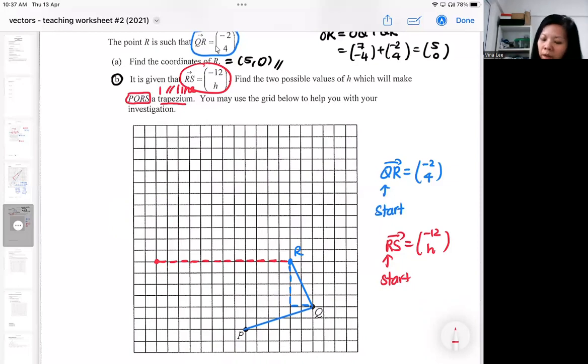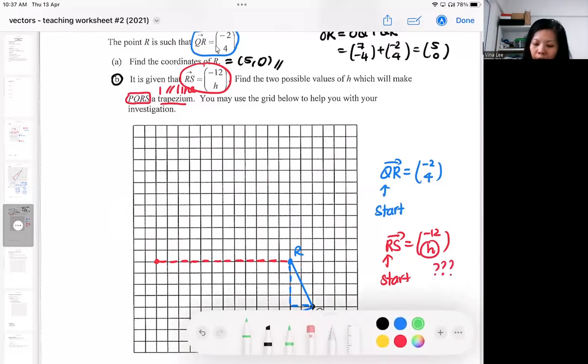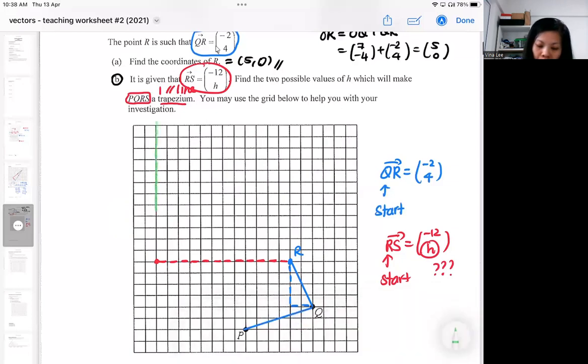And then because H is unknown, I've got no idea whether I should be moving up or down. So that means it depends. So this green color line will be where the point S can be. Because of the unknown here, I don't know where to move in such a way that I will create a parallel group.